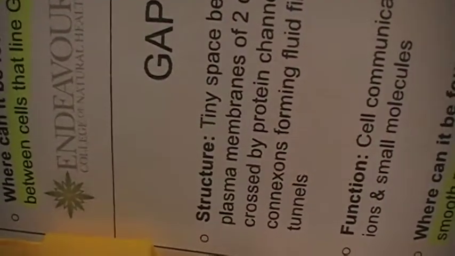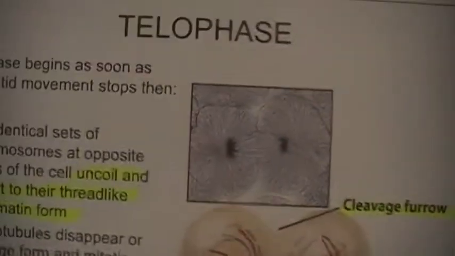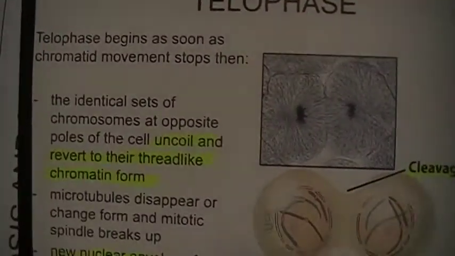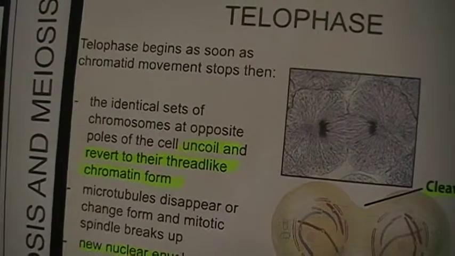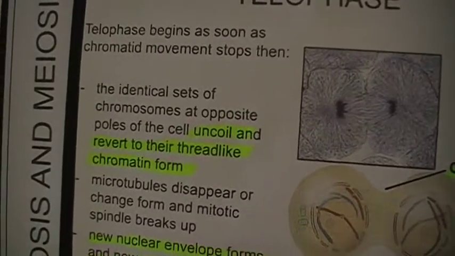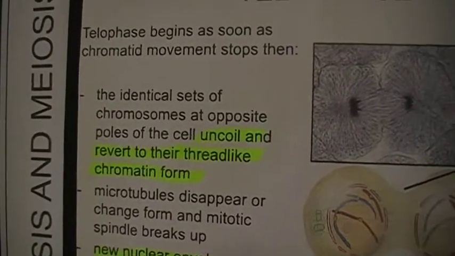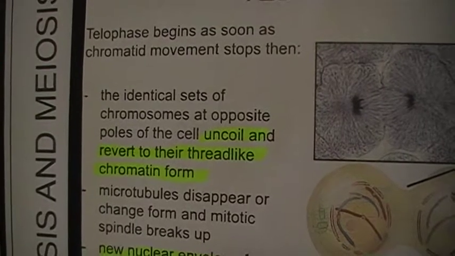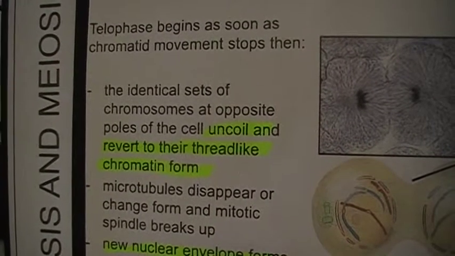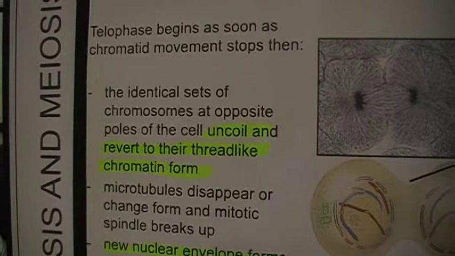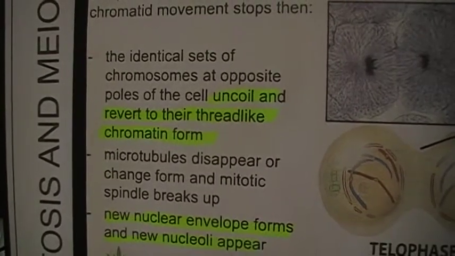What's the last one? PMAT. That's right, telophase. The identical sets of chromosomes at opposite poles of the cell uncoil and revert to their thread-like chromatin form.